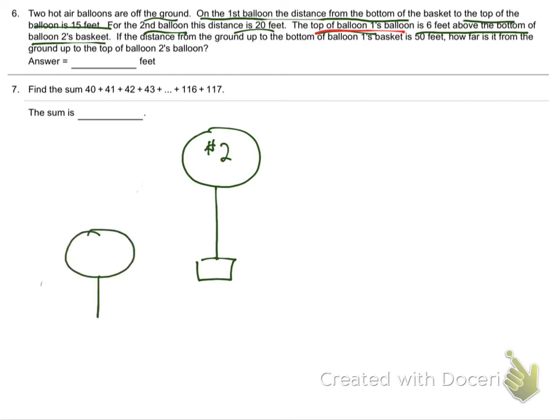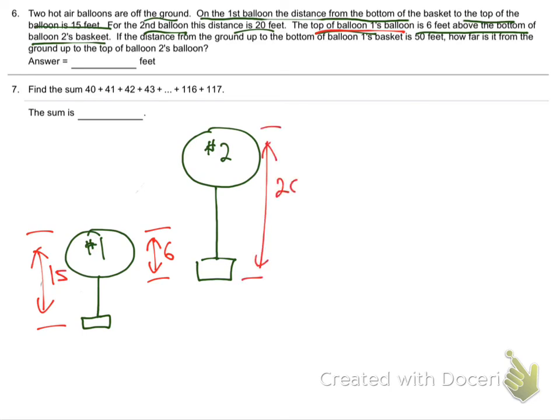Balloon 1. And it says the top of balloon 1's balloon to the bottom of balloon 2's basket is 6 feet. And then this is 15 feet, top to bottom balloon 1. And then top to bottom balloon 2 is 20 feet.